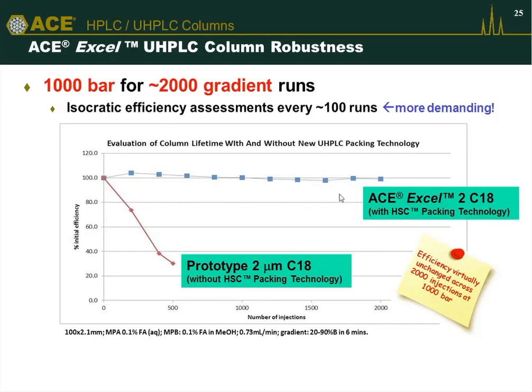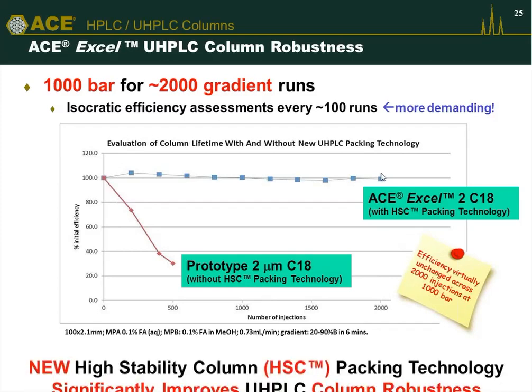Now we're in a situation where anybody who gets an ACE column gets this type of performance from their system. So you can see here, 2000 injections with very, very little change in efficiency across the lifetime of that particular run at 1000 bar with gradient analysis, cycling up and down gradients. Very robust phase.